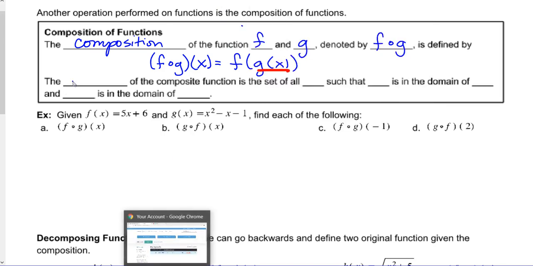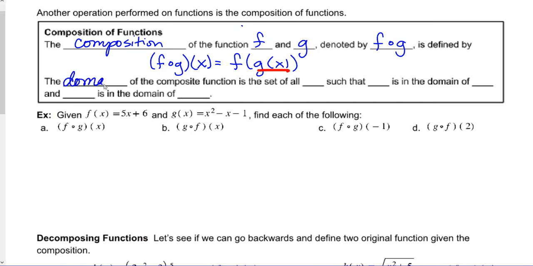So the domain of a composition function is the set of all x such that x is in the domain of g and g of x, all of those numbers on the inside, is in the domain of f, okay?